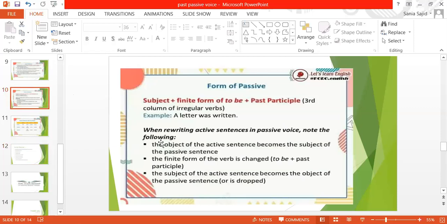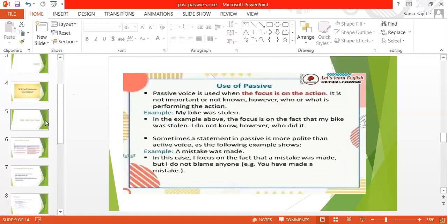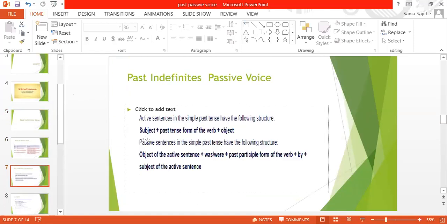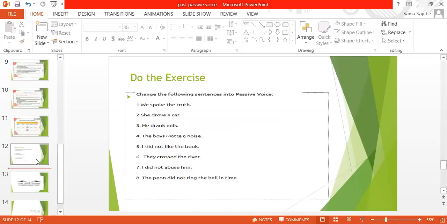As I told you, the object of the active sentence becomes the subject of the passive sentence. Object plus was plus third form of verb, the past participle form, plus by plus subject. This is your formation of passive voice. Let's do this exercise on your copies.